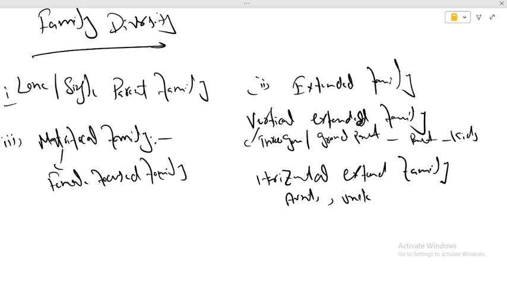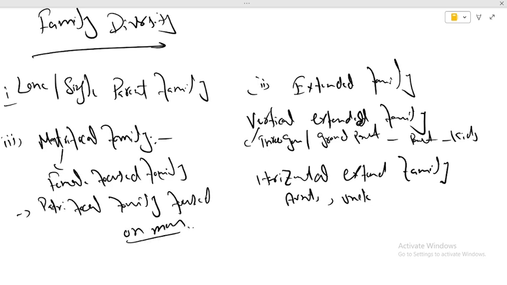While on the other hand, a patrifocal family is focused on men. Both types of extended families, vertical and horizontal, exist in contemporary industrialized society, but Gordon suggests that the most common type is now the modified extended family.